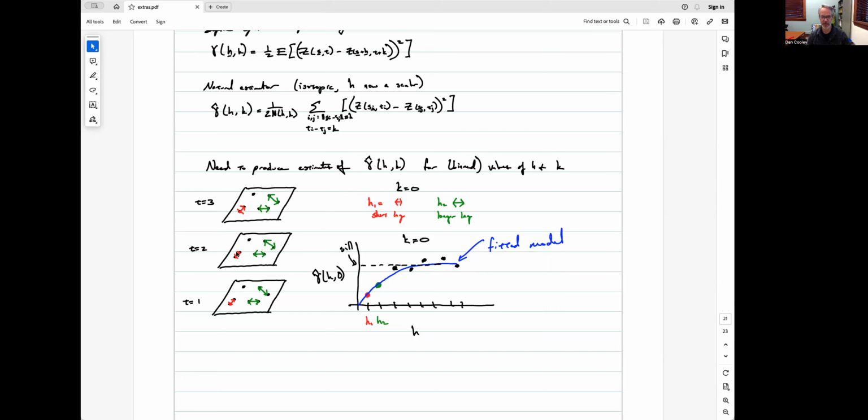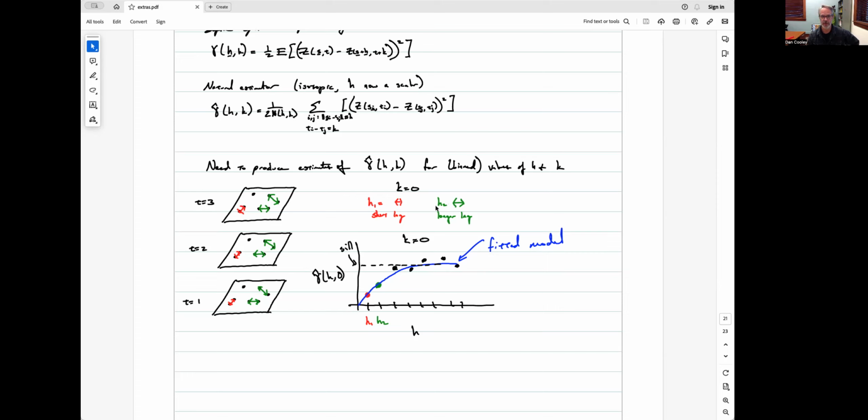In my little cartoon example, I've only got one pair of points. But of course, I can estimate the variogram at that lag using all of the different times. And so even if I only had one pair at that distance, at each time I'd have many times to estimate that. So we've got a tremendous amount of data to estimate the variogram at lag 0.